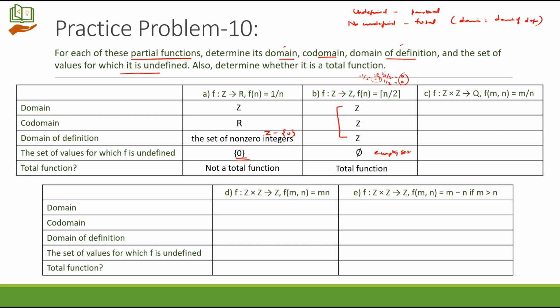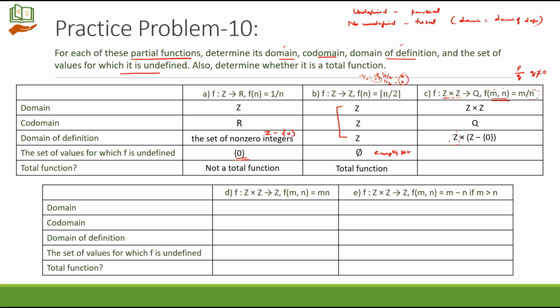Let's go to C. The domain is Z cross Z because it is given in the form of an ordered pair, because we have two values here. What about the codomain? It is Q, rational numbers. The domain of definition: this particular n value should not be equal to 0. Even when you define rational numbers as p by q, there will be a condition stating q is not equal to 0. So since n is given an exception, the first number in the ordered pair can be complete Z, but the second number in this ordered pair should exclude 0.